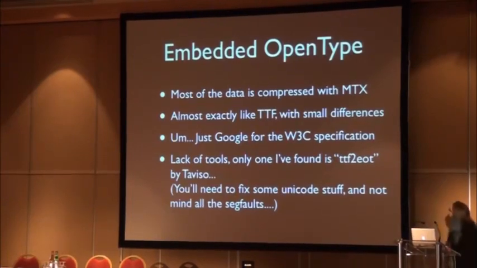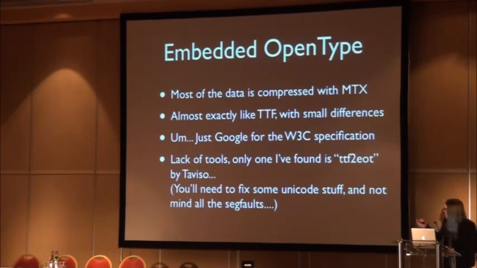So, the other thing you'll probably have to deal with are embedded OpenType fonts, which are basically most of the stuff from a TrueType font compressed with this proprietary compression scheme, which for some reason the W3C consortium decided to make part of the standard, and there's not really any tools to deal with it except, I think Tavis or Mandy, I think it is, several years ago wrote a little utility to convert back and forth.